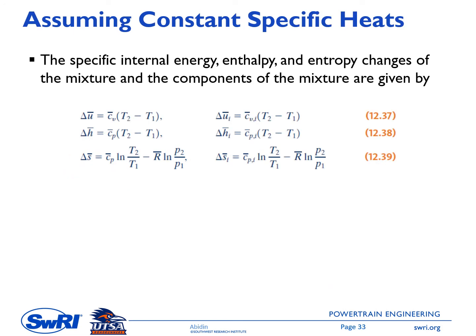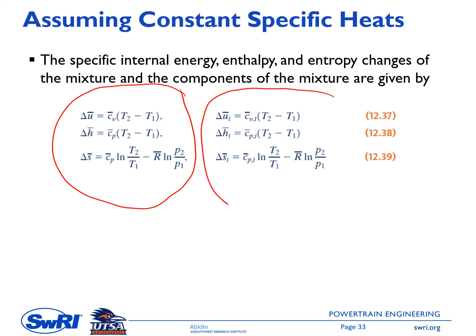In certain cases, we might assume constant specific heats. If this happens, then the specific internal energy, enthalpy, and entropy change of the mixture and the component are formulated by equations 12.37, 12.38 and 12.39. On the first column here is the formula for the mixture, and this one is for the component.